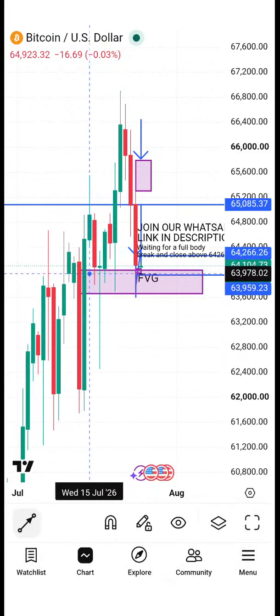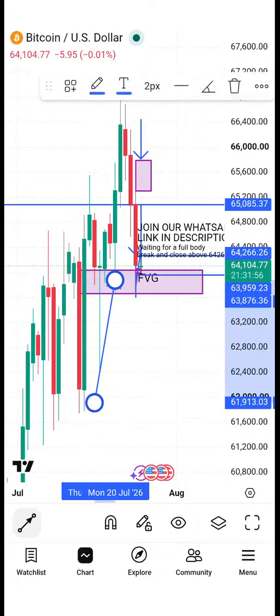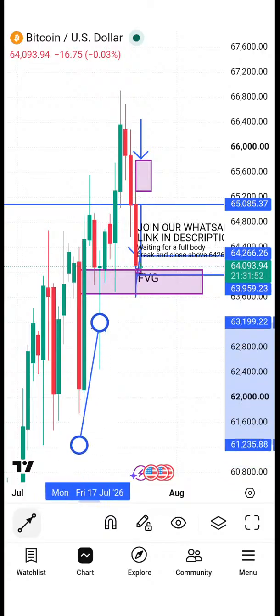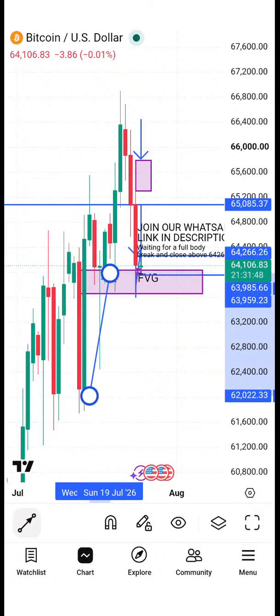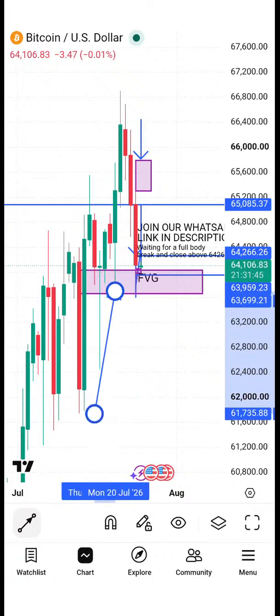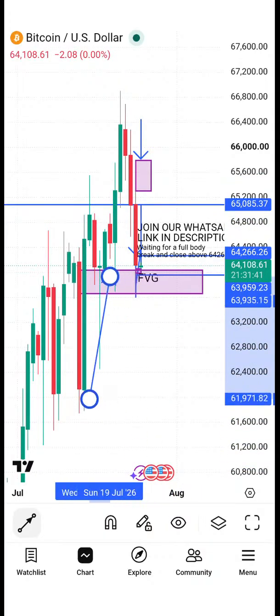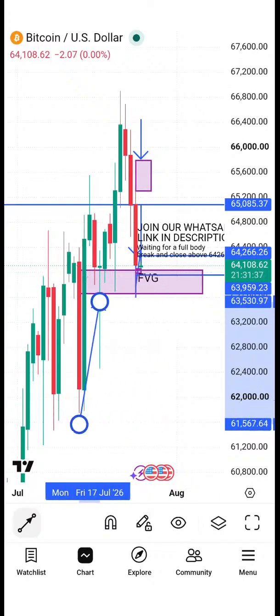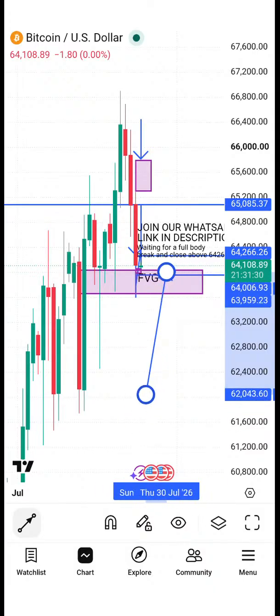Price came here and got, look at this big rejection. It shows that this area is very strong. And also here, you can see there's a very big rejection. So number one, this is the first confirmation for you to look for buying opportunities.